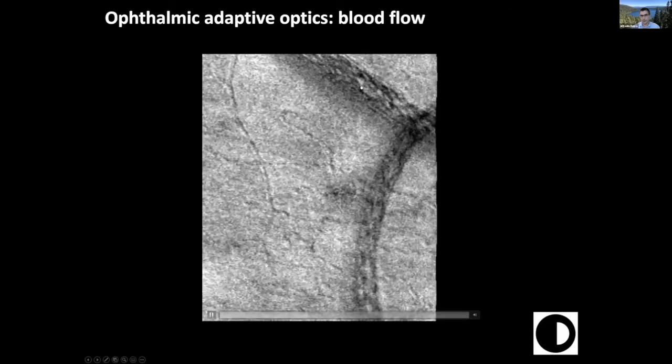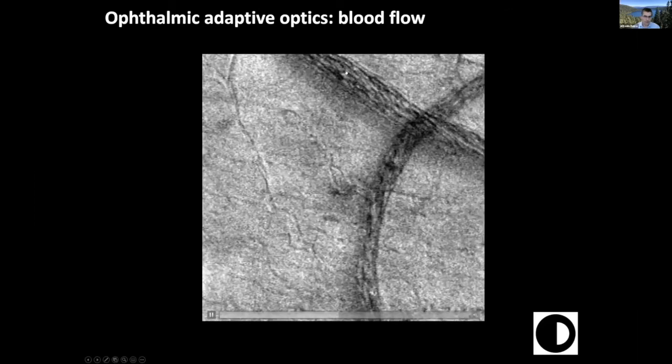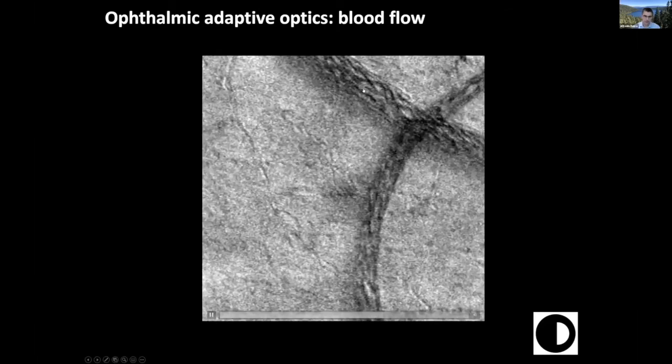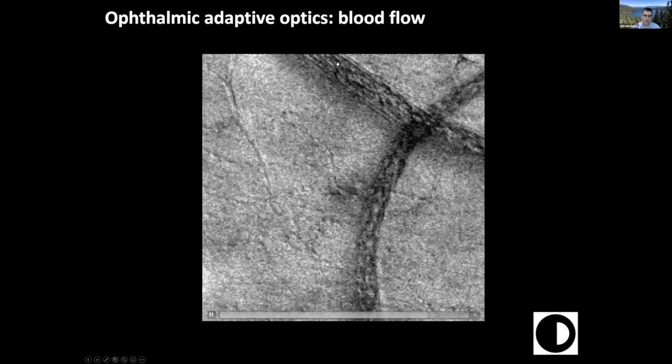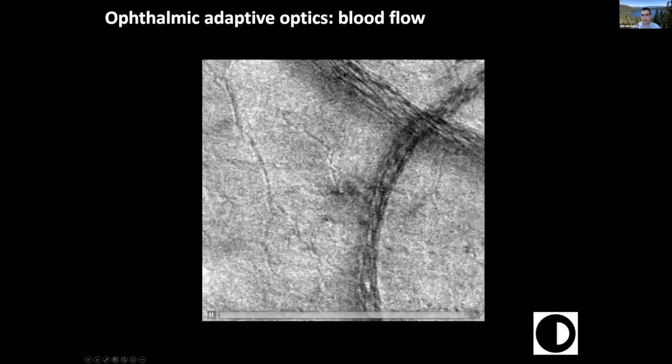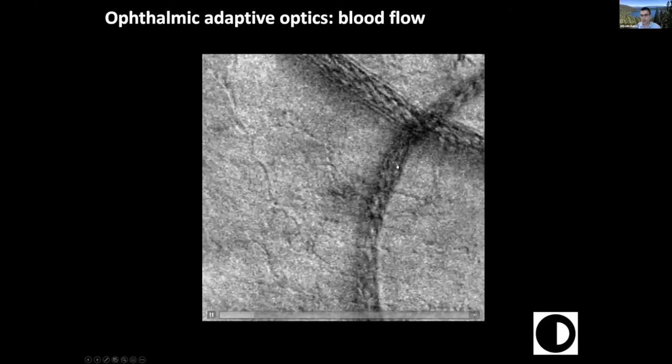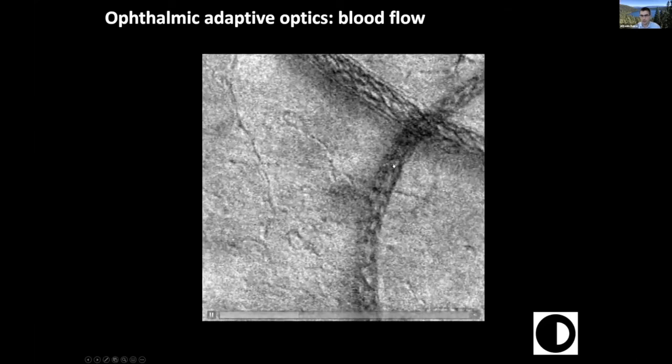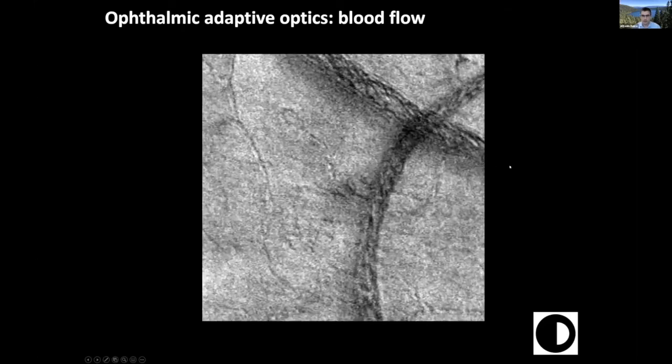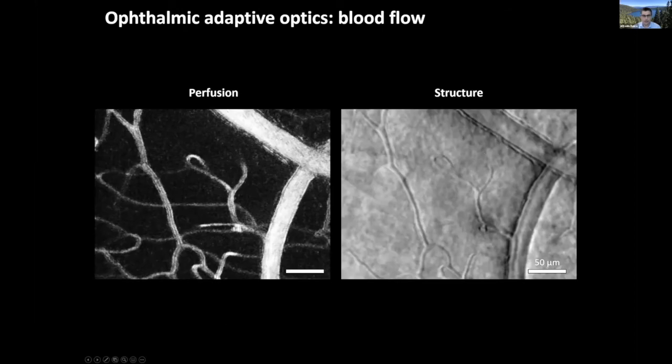So if you could see this video, I hope it shows on your screens, there are some distorted, elongated features flowing along the vessels here, and each of those corresponds to a single red blood cell. In fact, if you were to take that movie and average it or calculate a standard deviation like you would do in fluorescein angiography, then you would get a map of perfusion, which is of course very useful.